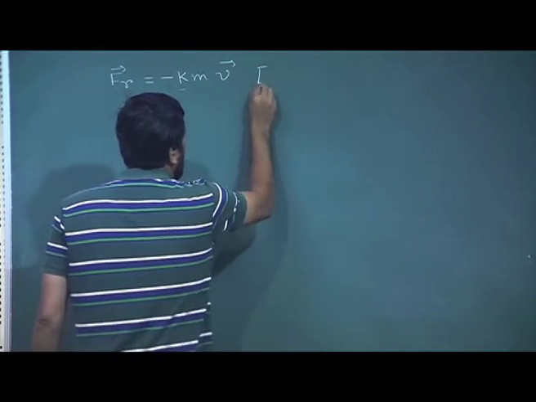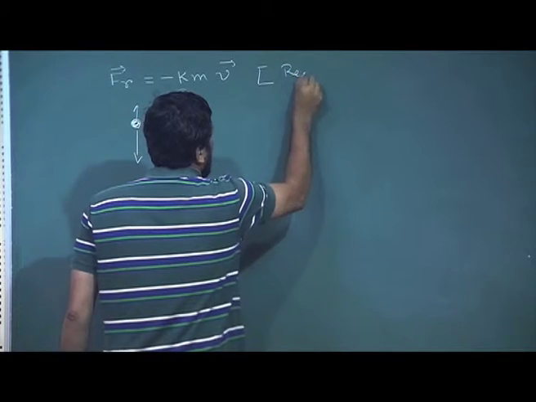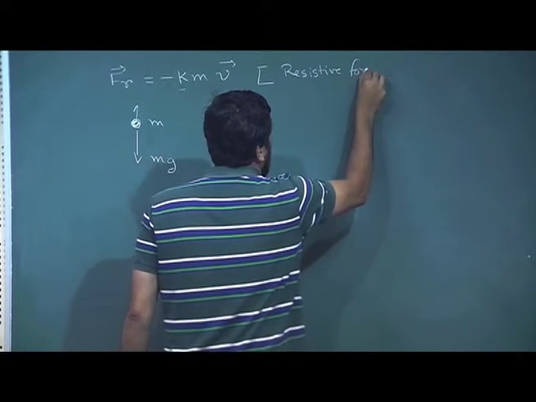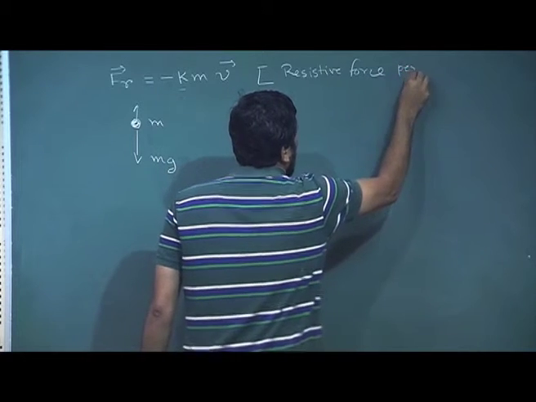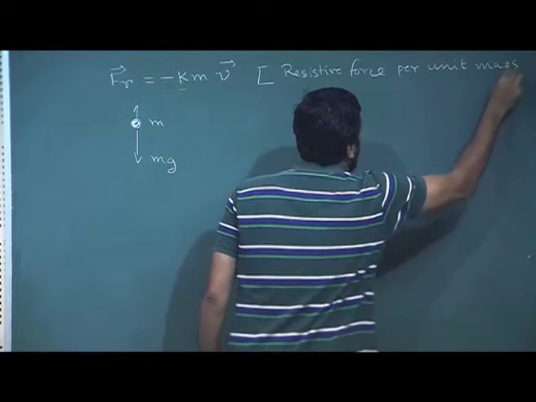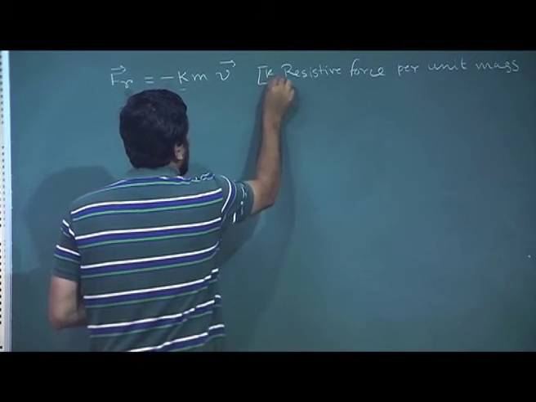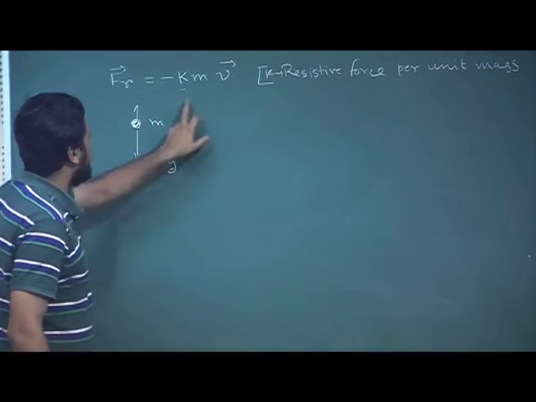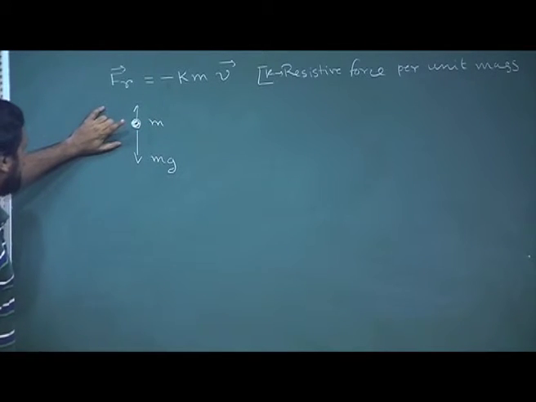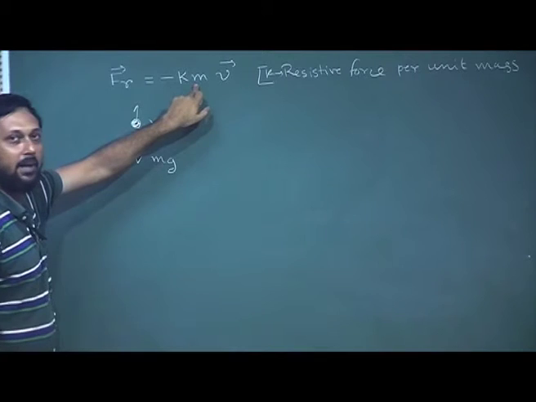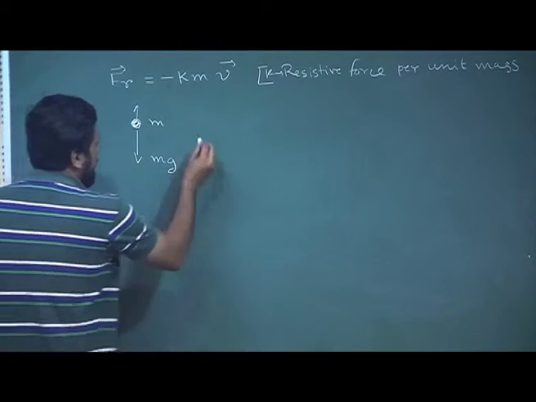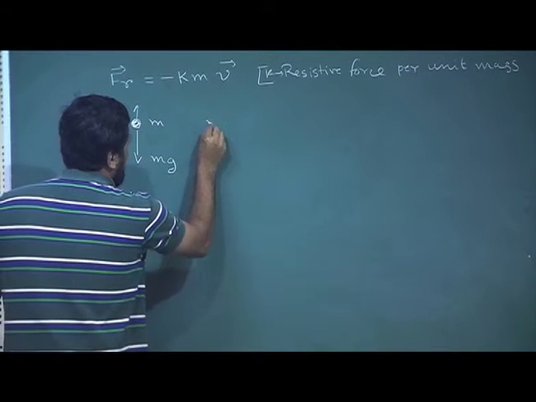That means we are considering the resistive force per unit mass. So, k is the resistive force per unit mass. That is why, when we are considering a particle of mass m, we have to multiply it with an additional factor m.